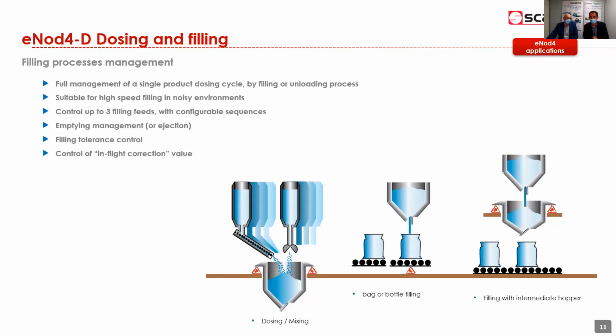It can, of course, control the filling tolerances, so that you can check at the end of the cycle if your result is inside or outside tolerances. And something very, very important for accurate dosing systems, the possibility to control the in-flight correction value, either automatically or with a fixed value.